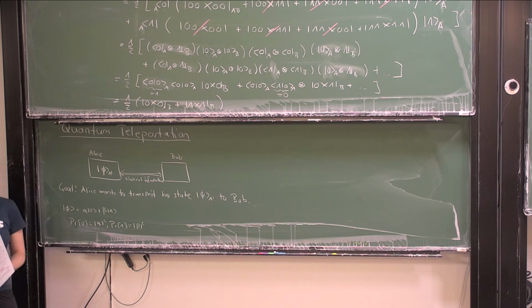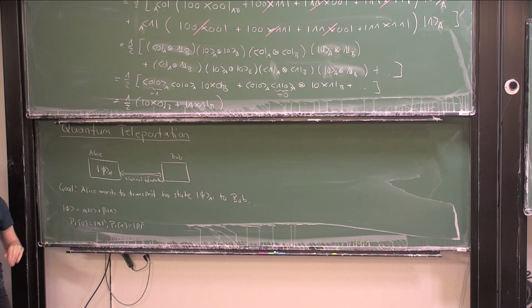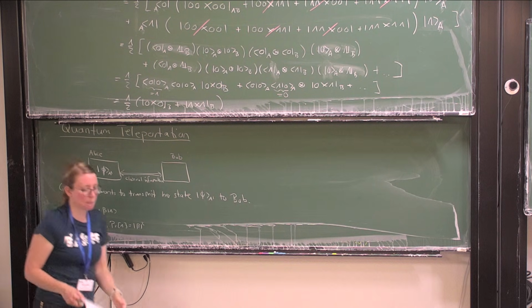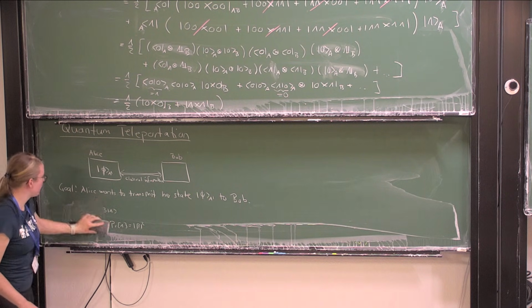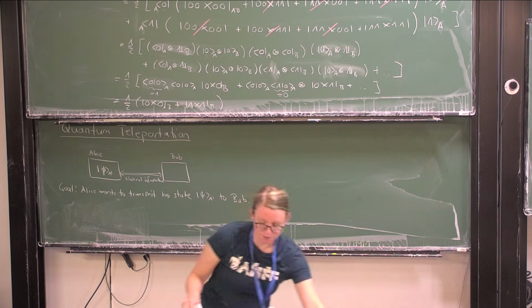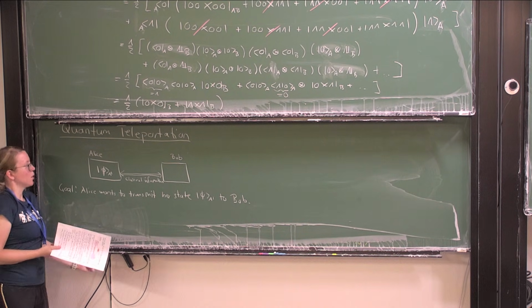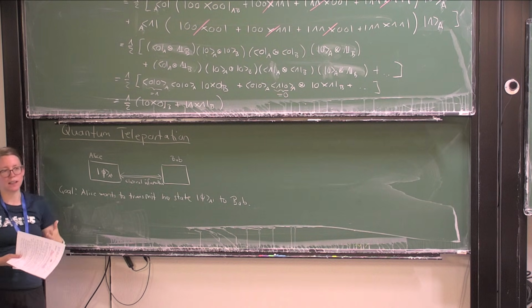Okay, but in our situation anyway, Alice has only one copy. So she can't do it at all. She only has one copy that she wants to give to Bob. So if she only has this, then there's no way to get this state to Bob just via classical communication.